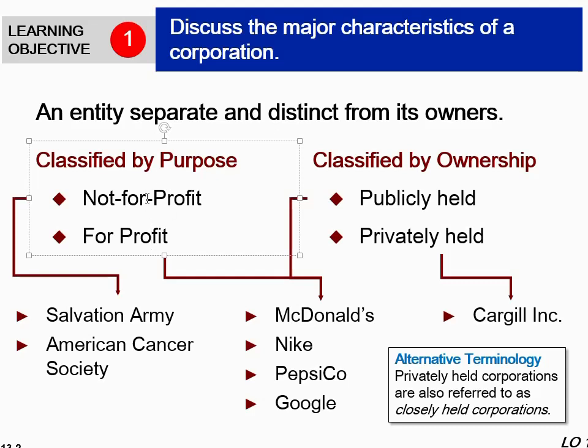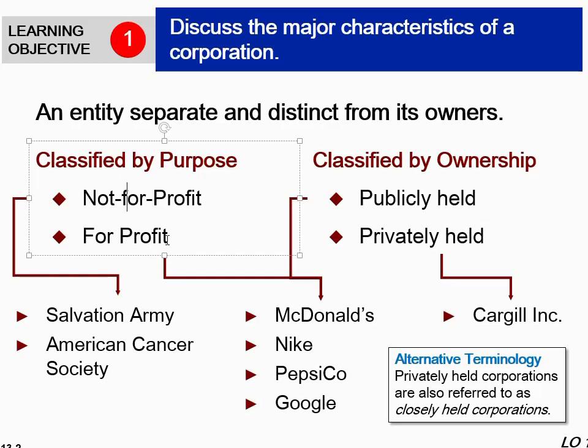There are many examples of not for profit organizations whose business is not to earn profit but to serve the community. Usually the societies, hospitals, or some dispensaries are particularly relevant to the US. We have the Salvation Army and the American Cancer Society. So these are known as not for profit organizations.